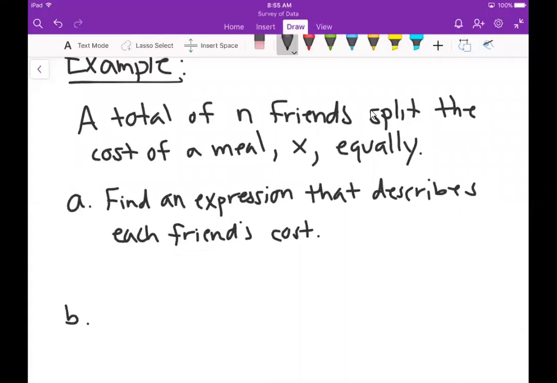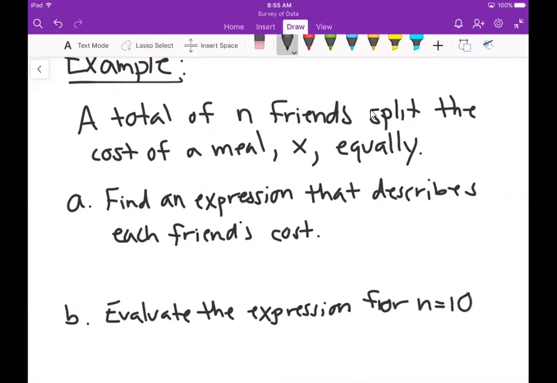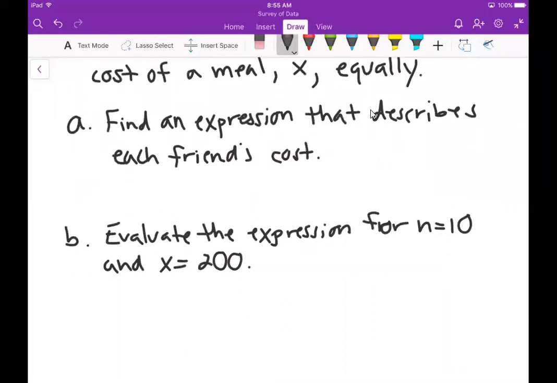Once you find that expression, evaluate the expression for n equals 10 and x equals 200. And then the last thing you're going to do is interpret your result.